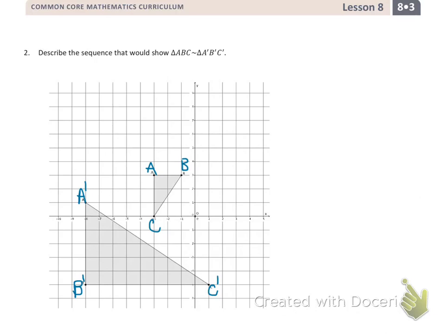So the first thing we're going to want to do is to think about our dilation. We're going to do it from the origin, but we need to know what our scale factor is. So we're going to have a dilation about the origin, or we could say about center O. Let's do that.